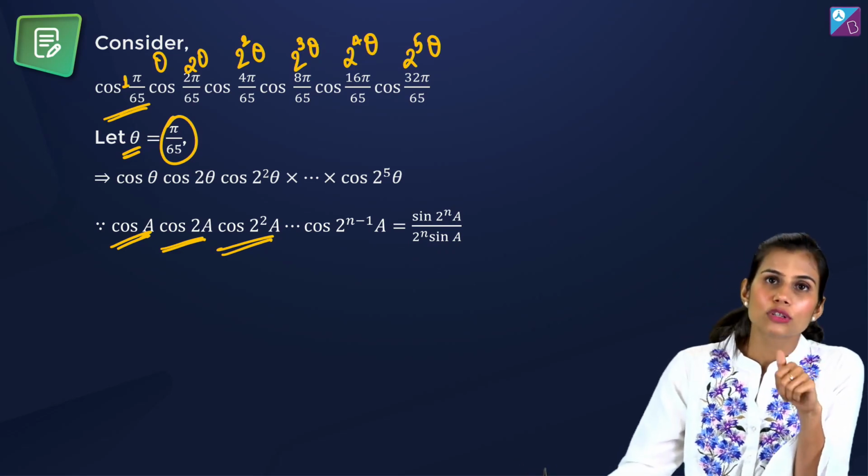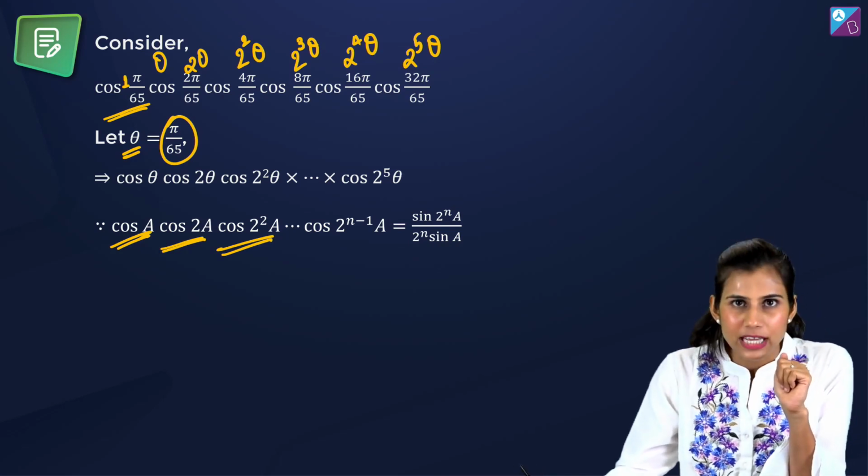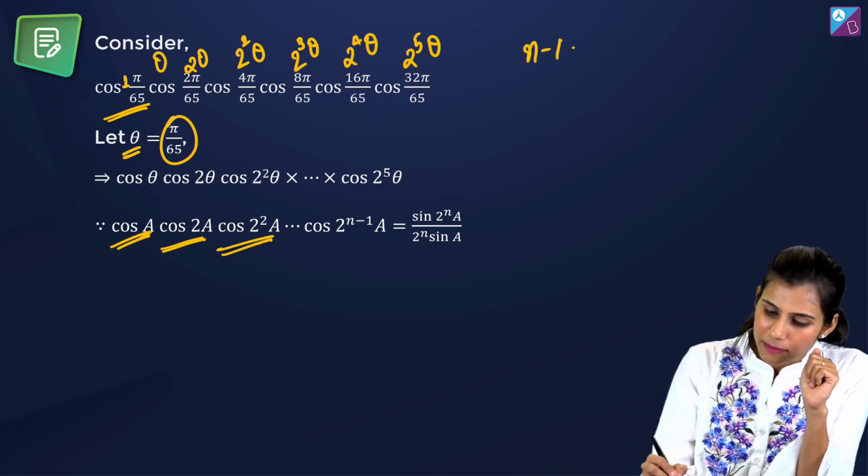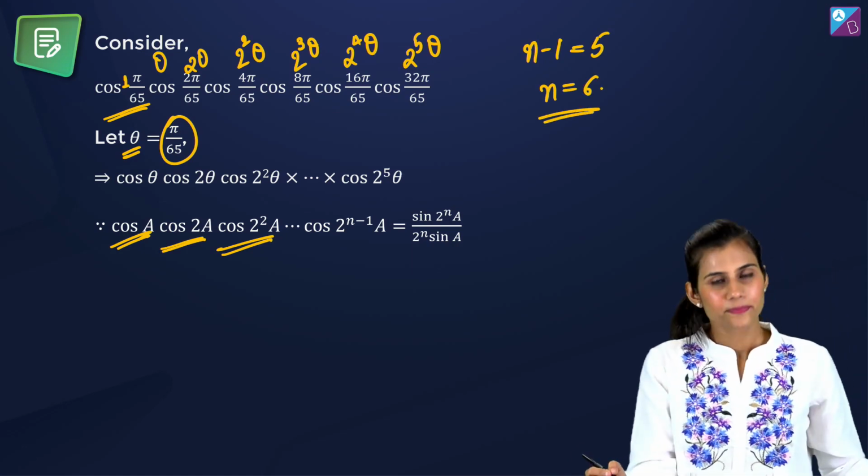That means cos of 2 to the power n minus 1 times A is same as cos of 2 to the power 5 times theta, thereby implying that n minus 1 is 5 or n is 6.